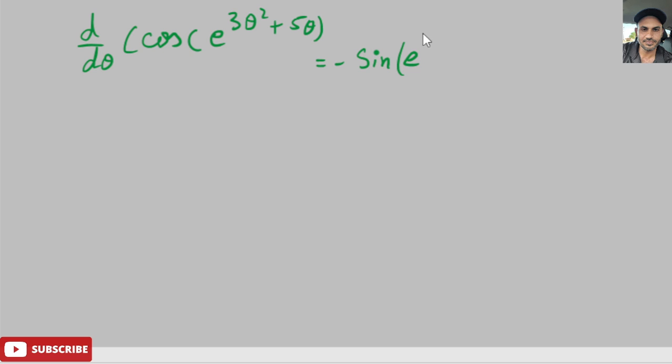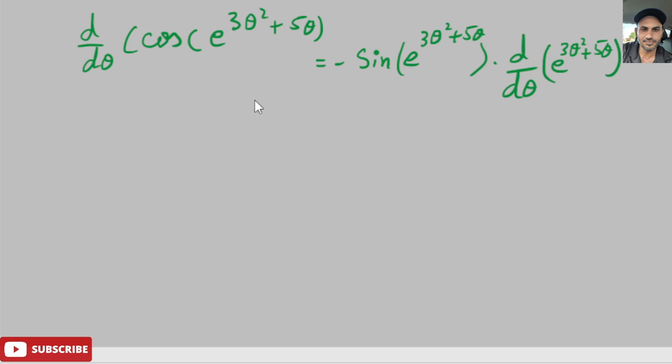So it's going to be d over d theta of cosine of e to the 3 theta squared plus 5 theta equals negative sine of e to the 3 theta squared plus 5 theta times the derivative of u, which is equal to d over d theta of e to the 3 theta squared plus 5 theta.